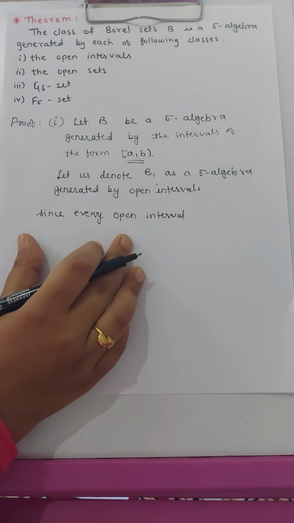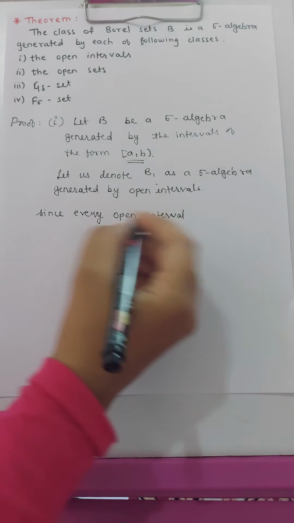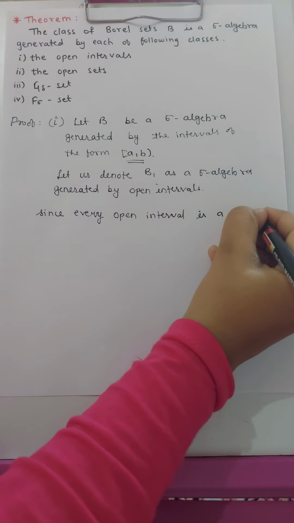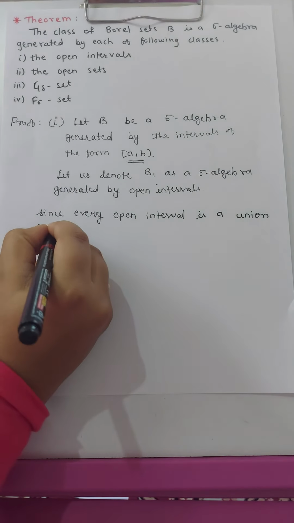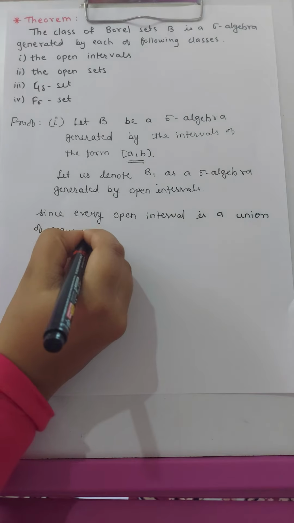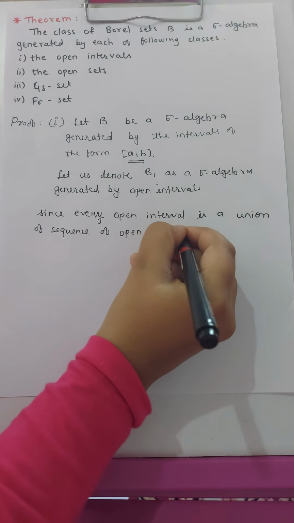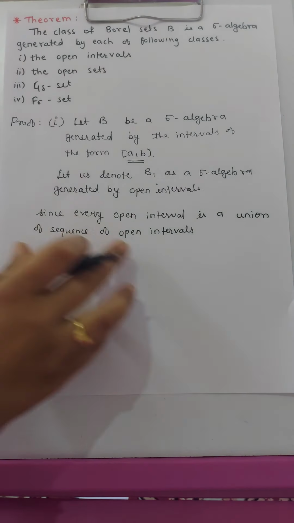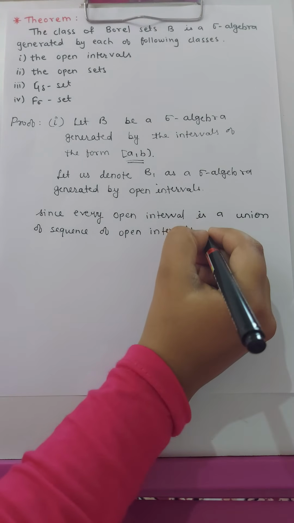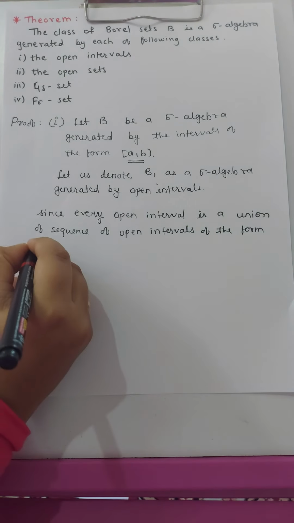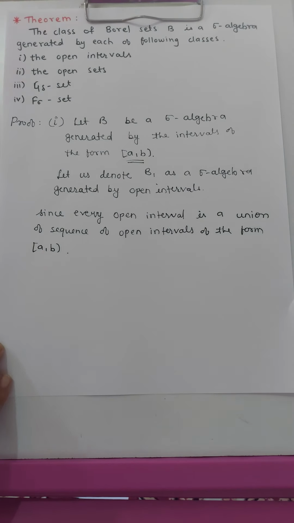we know that every open interval is a union of a sequence of intervals of this form. These are semi-closed intervals, you can say semi-open intervals.